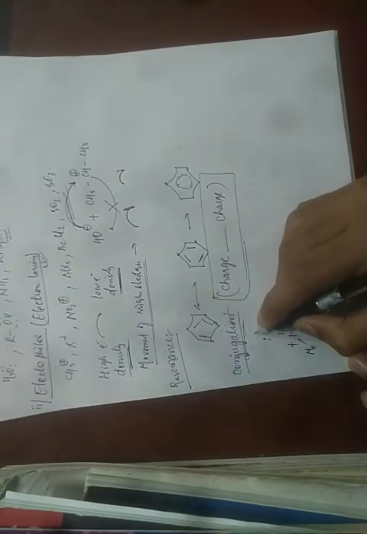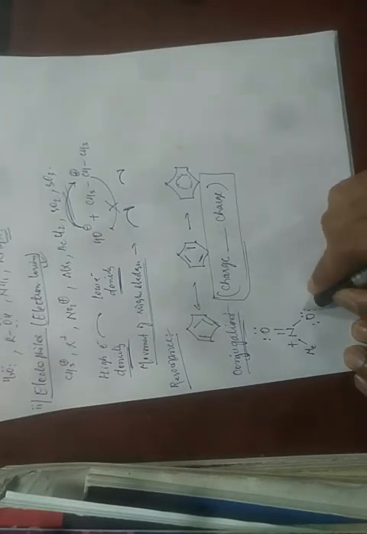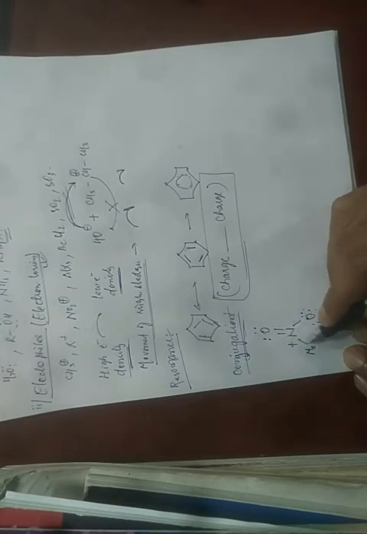This one is carrying a plus charge, and this one is like this. If we are asked to find the resonance of this, what is the basic rule we have to remember? Charge, single bond, charge. So you see here, charge, single bond, charge. Here also, charge, single bond, charge. Like this we have to remember.